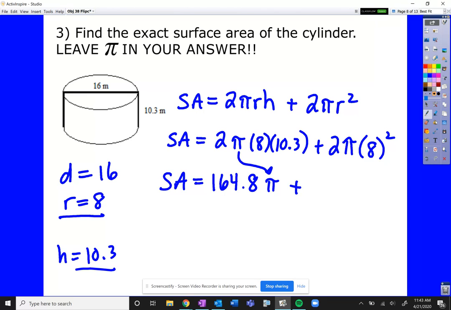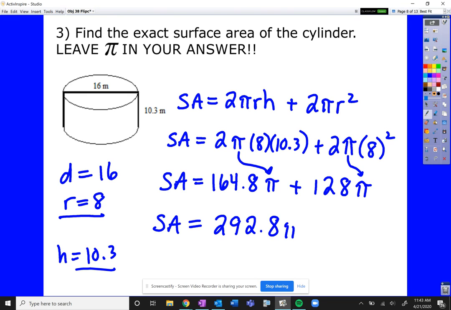So 8 squared is 64 times 2 gives us 128. Slap the pi on the end. So now we're adding 2 pi's together. If you take 2 pi's and add them up, you still have pi in the end. So 164.8 plus 128 gives us 292.8 pi units squared.